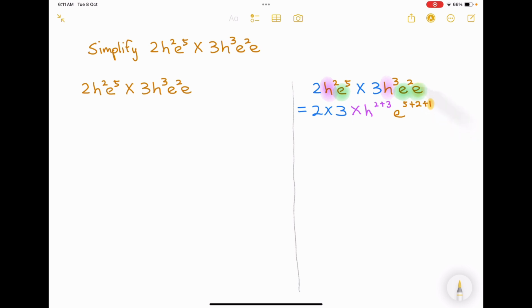Because e appears one time here. Completing the question, we get 6 h to the power 5 e to the power 8.